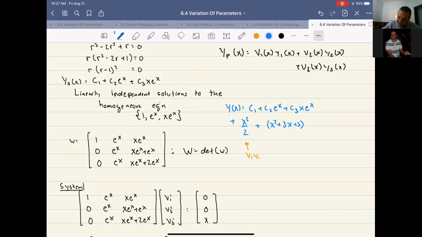So this is our V2 y2, plus our V3 was negative x plus 1 times e to the negative x, and that's multiplied by x e to the x. So there's going to be an x, and that is our V3 times y3.